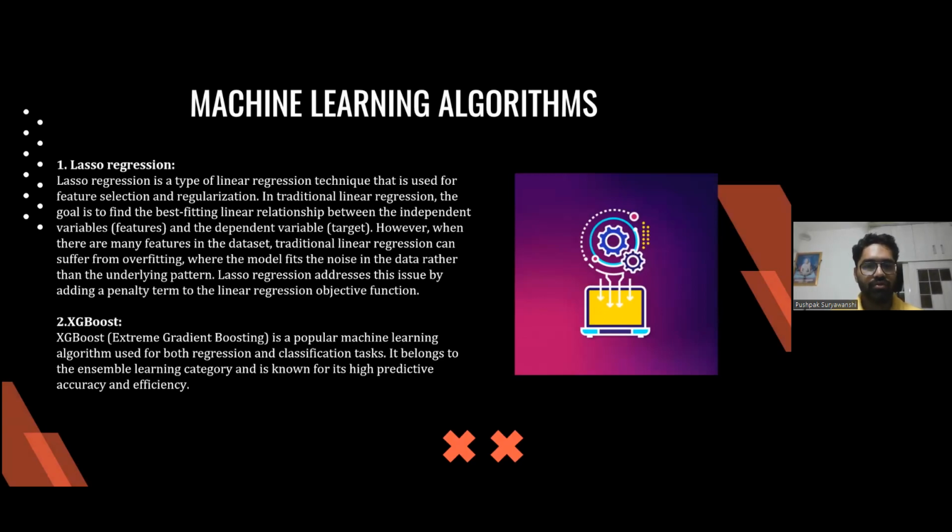So, what is XGBoost? XGBoost is a popular machine learning algorithm used for regression and classification tasks. It is a type of ensemble learning. Ensemble learning means combining two or more models to make a more powerful model. XGBoost comes under the ensemble learning category, and it is known for its high predictive accuracy and efficiency.